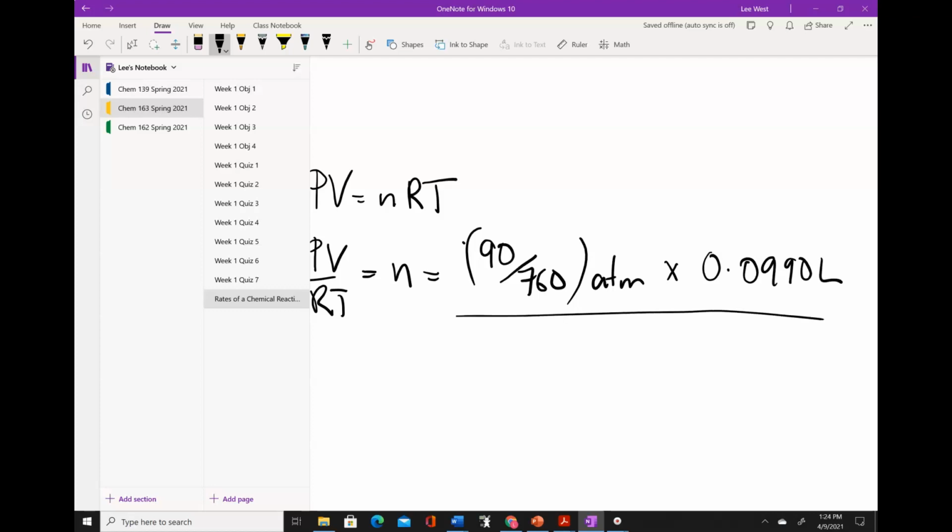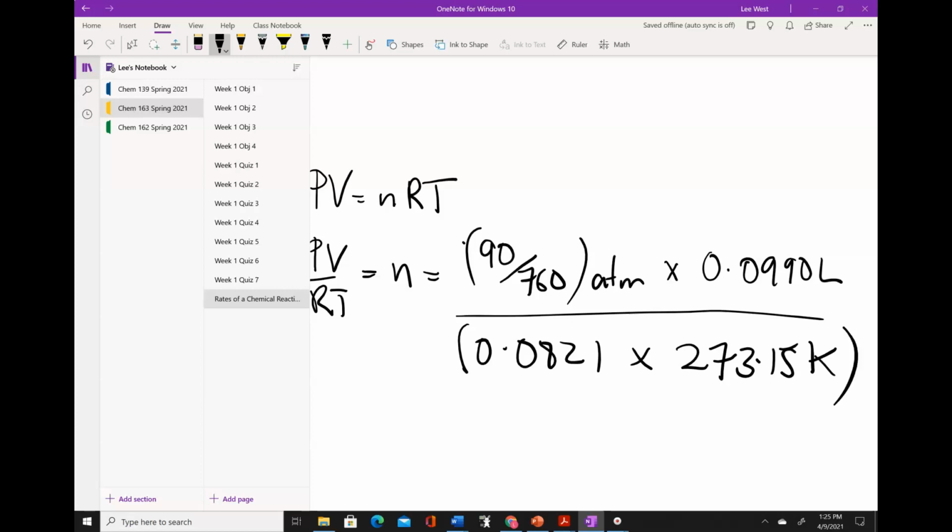And then that all gets divided by R, 0.0821, or if you want, you can do it out to 4 significant figures if you really want to. And then 273.15, because it was at 25 degrees Celsius, is my temperature.